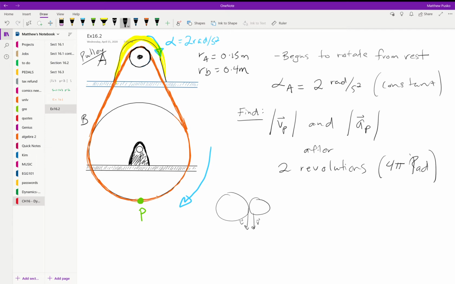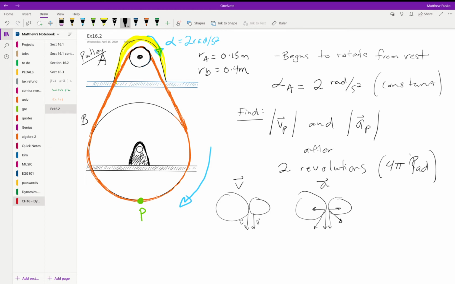They do not, however, share the same acceleration vector. They have the same v squared, but they don't have the same r. So the tangential might be the same, but they have a different radial component, giving them different vectors. And so for velocity, they have the same exact vector. For acceleration, two gears do not.